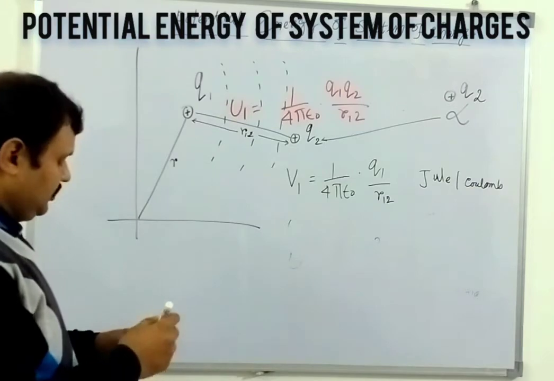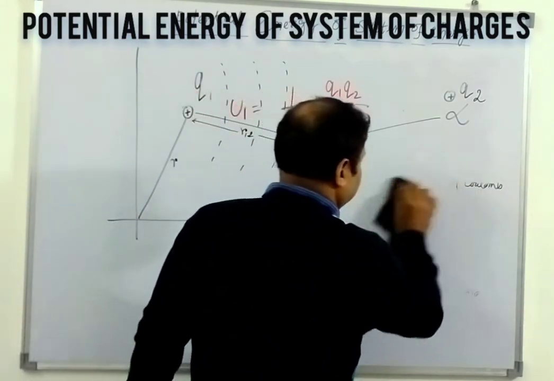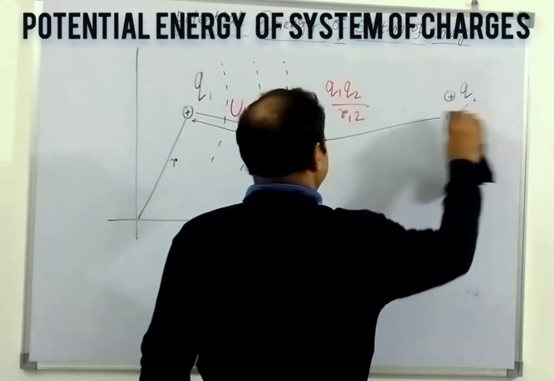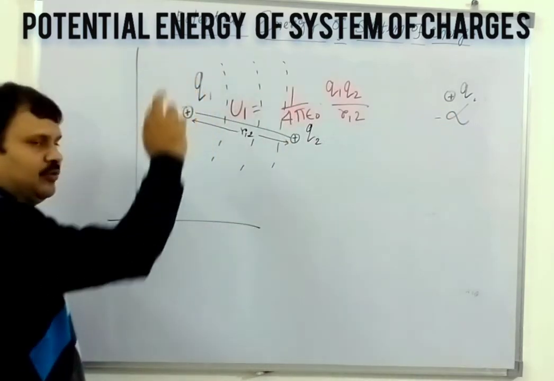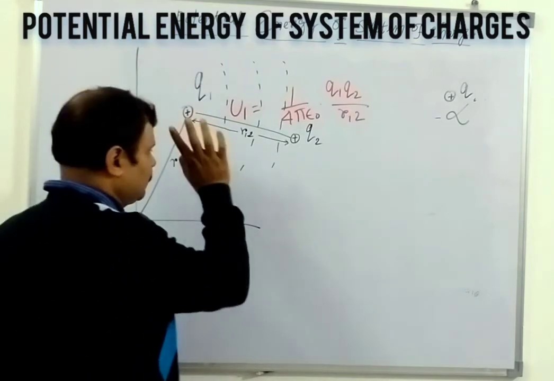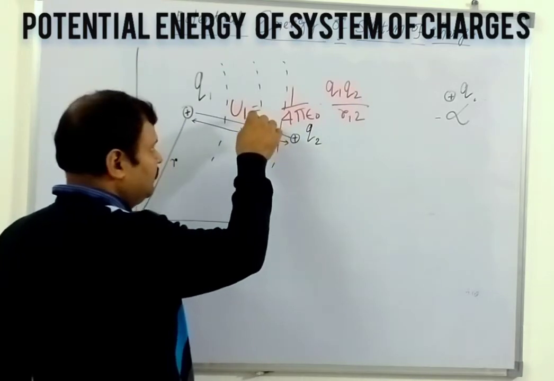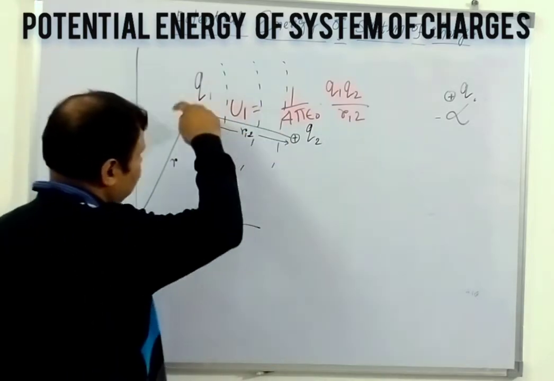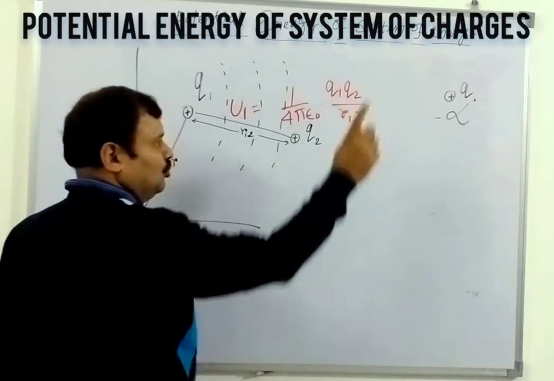Now we want to calculate the internal potential energy of a three point charge system. Initially we put Q1, there is no potential, no internal energy, no external work needed. Now we want to put Q2, so we have to do this much work against the Q1 potential.